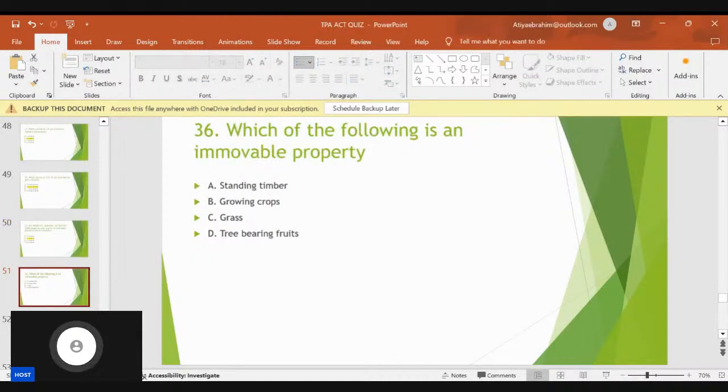36, ये भी easy है, आप easily answer कर सकते हो.